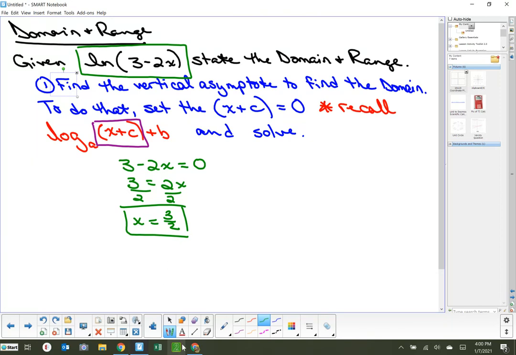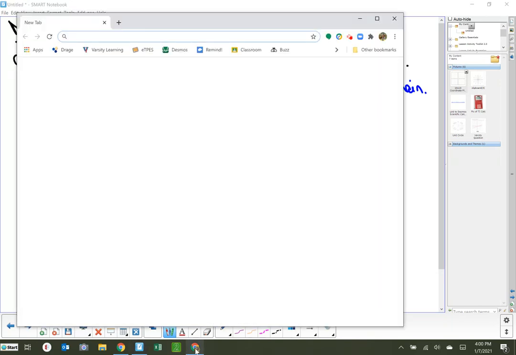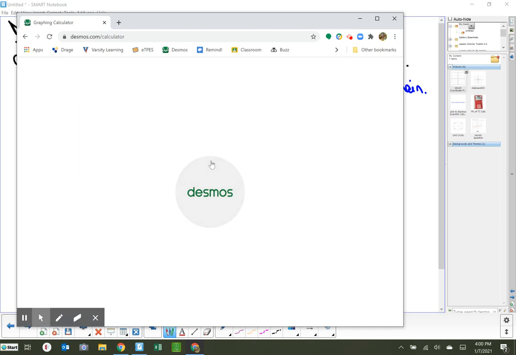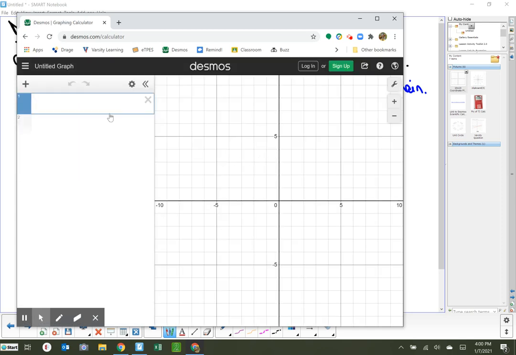My mouse isn't working. Here we go. Okay. Let's go to Desmos, graphing calculator, and we need the natural log. So you're just doing ln parentheses 3 minus 2x. And what you see is the graph there.